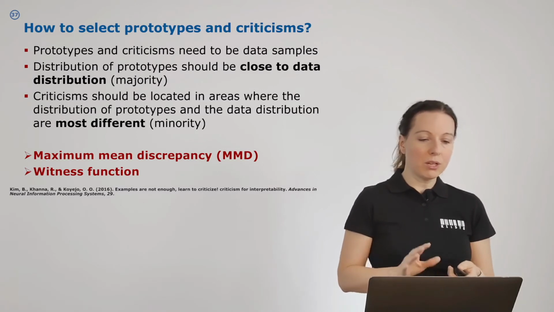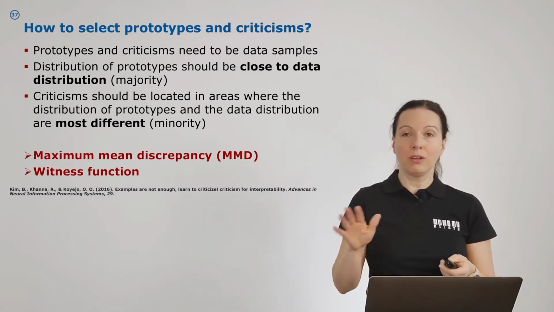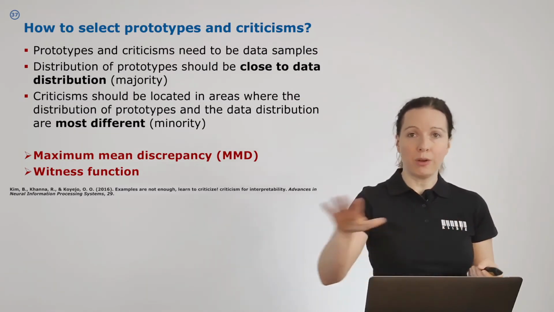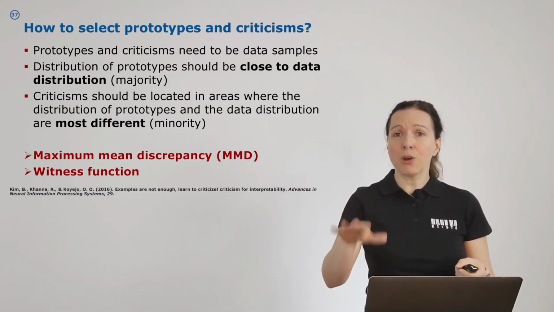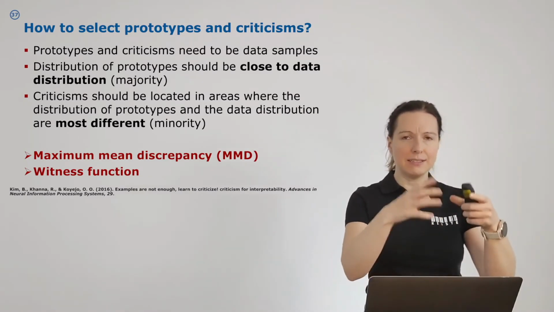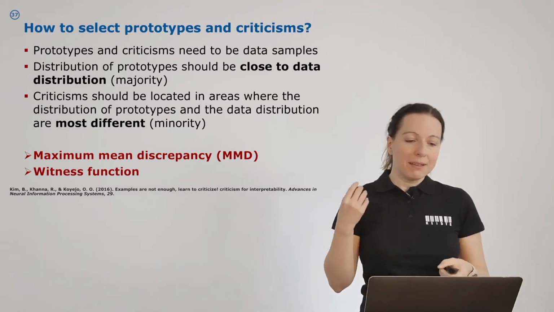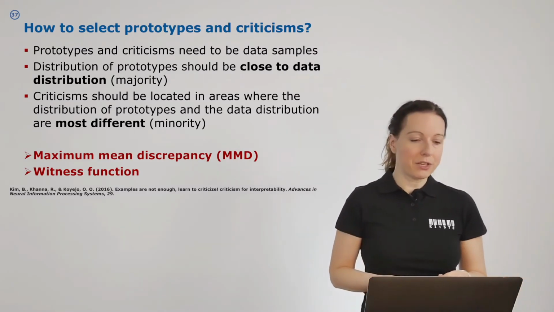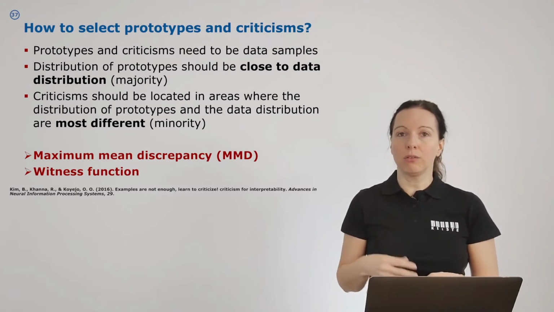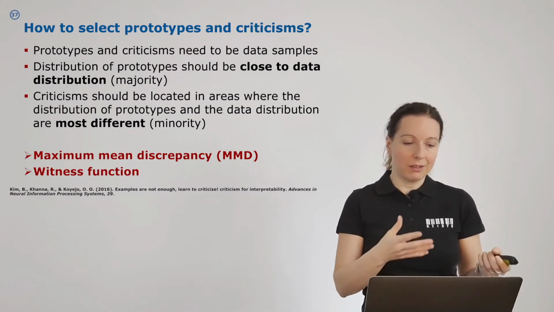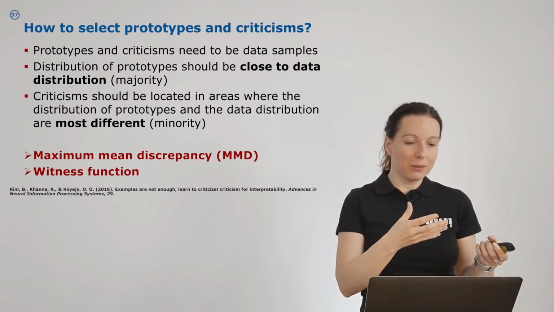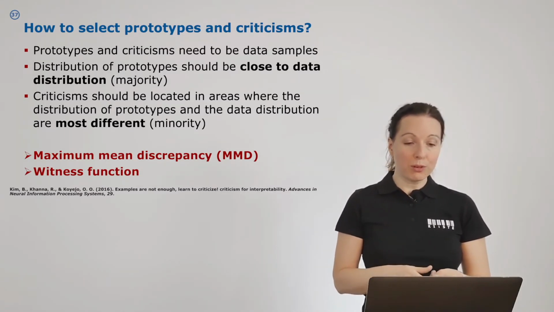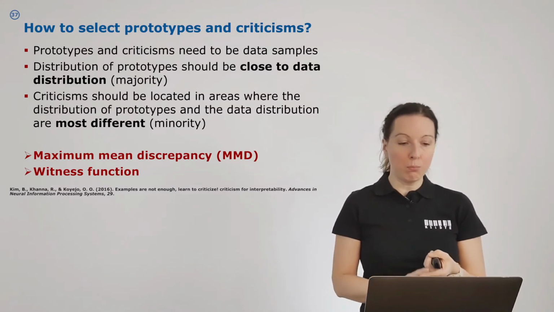Then the distribution of the prototypes should be close to the data distribution, because you want to represent the majorities in the data. That means dense clusters. But then, as you have seen in the example I showed, criticisms should be located in areas where the distribution of prototypes and the data distribution are most different.